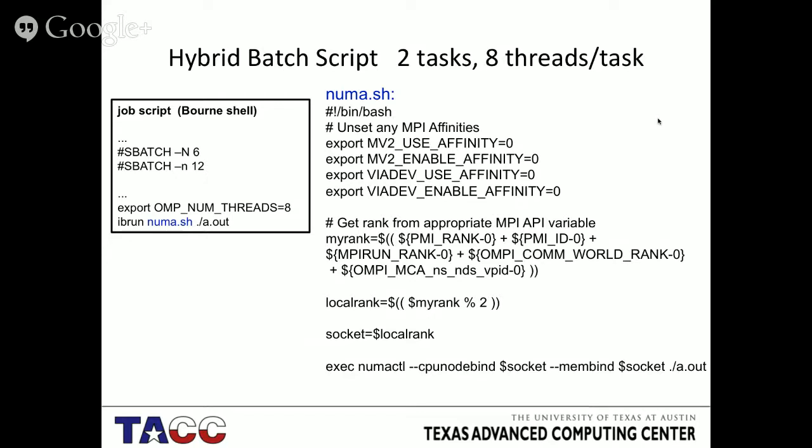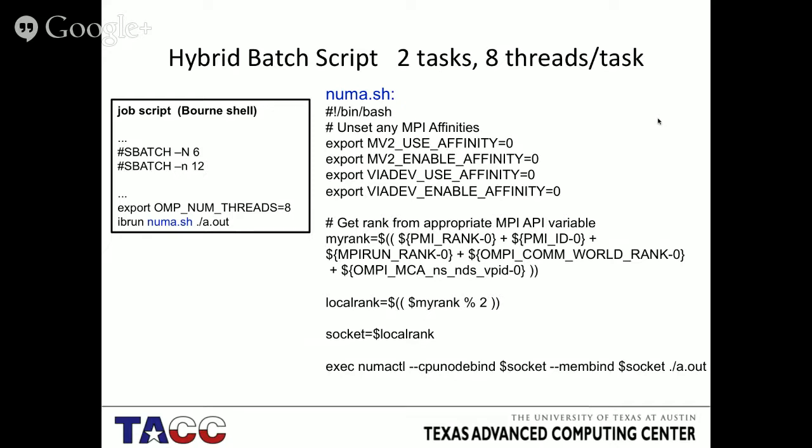I'm going to assign it to local rank, and then I'm going to find out in which socket that rank is. And then I'm going to do a numactl, cpunodebind to that specific socket, membind to that specific socket, and execute. So overall, what this is going to do is bind your execution of each task to one socket and make sure the memory is bound locally to each socket for each task.